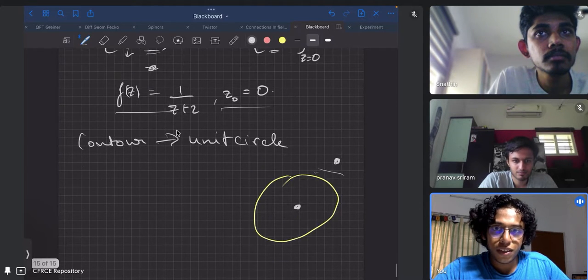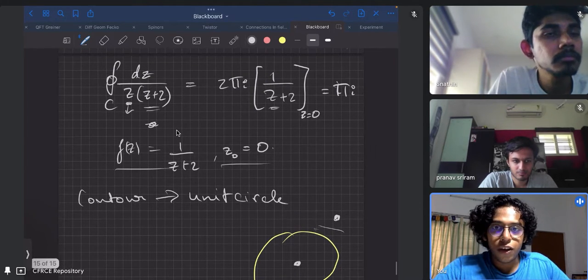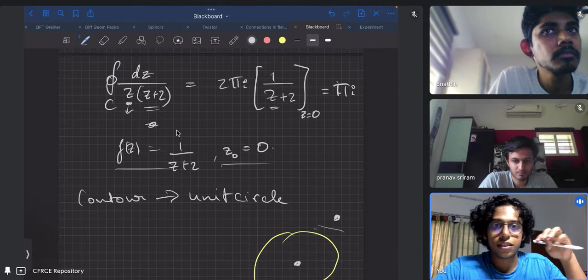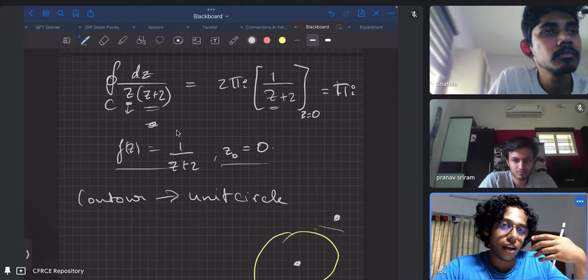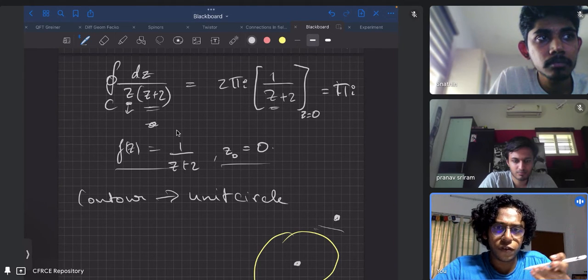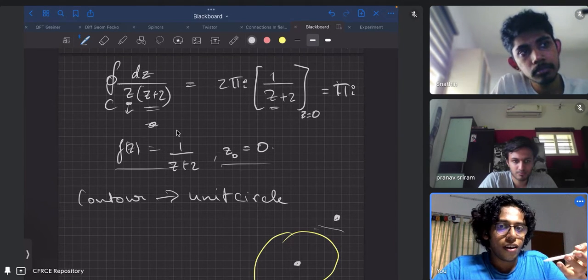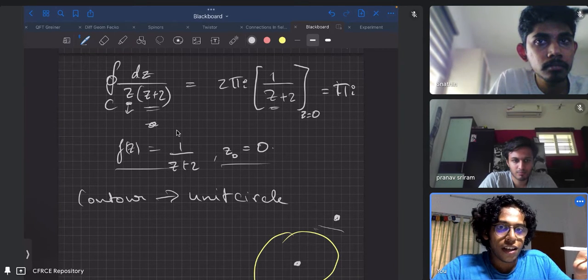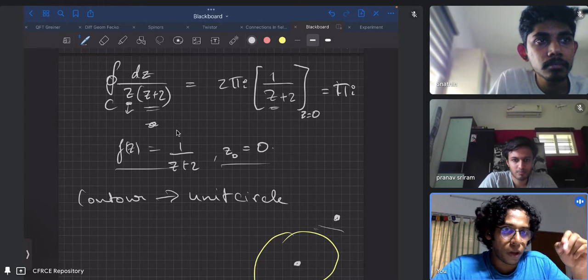Because it seemed to me in this example that you have two singularities, and then you're cutting. I don't know how exactly this is related, but of course it is because z plus 2 is the denominator. For example, if you have z plus 3, then you would have 2 pi I by 3.